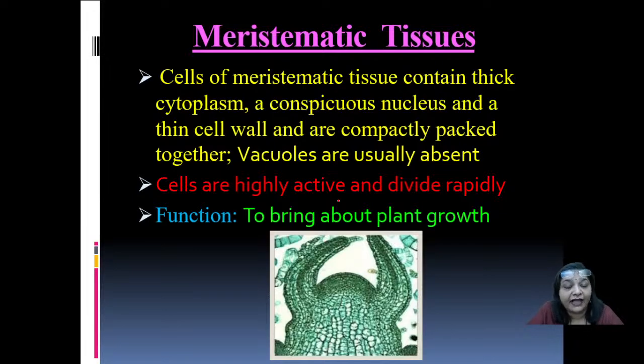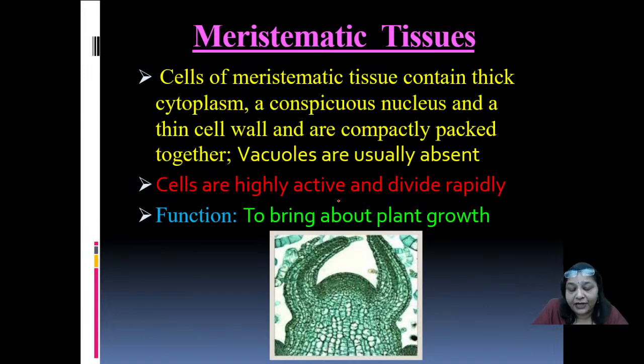These meristematic tissues are generally located at the tips of the stem, tips of the roots, even in the buds and the axils of the leaves, and of course they are found in the leaves, right? So they help in the growth of the plant parts.